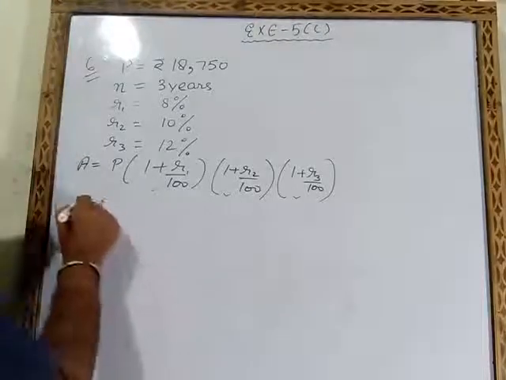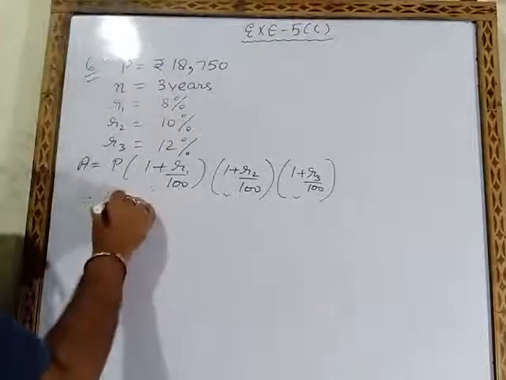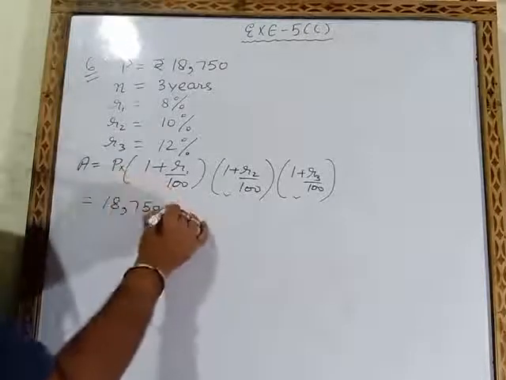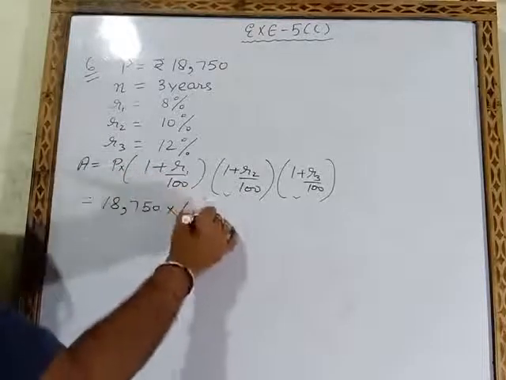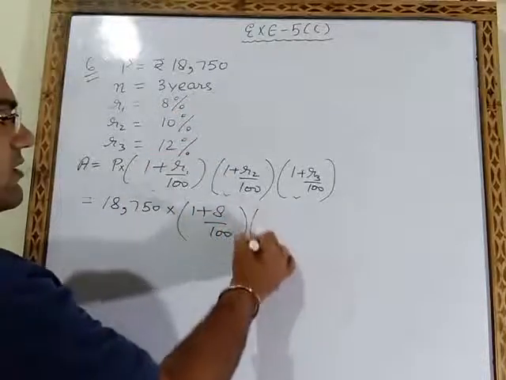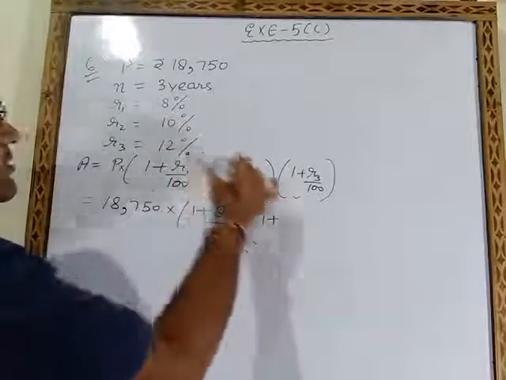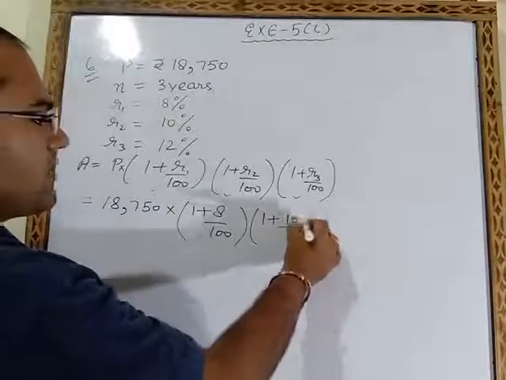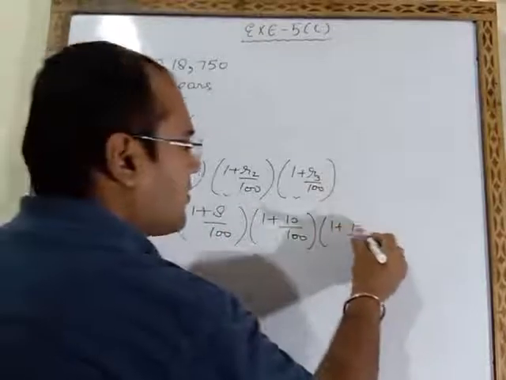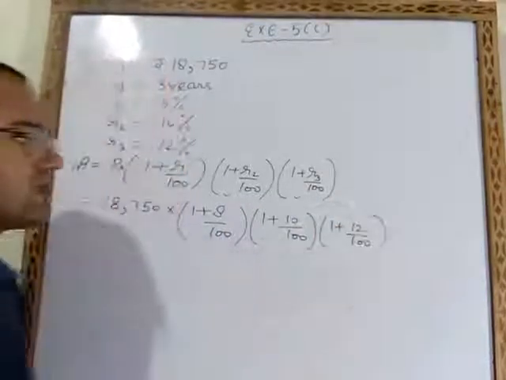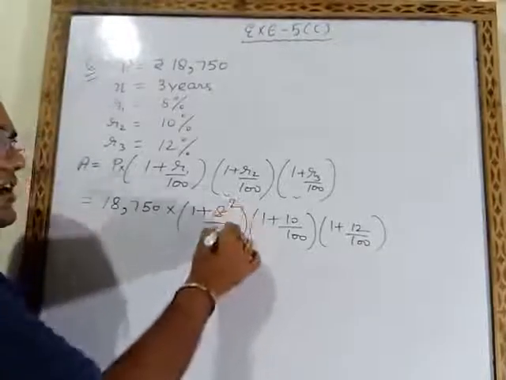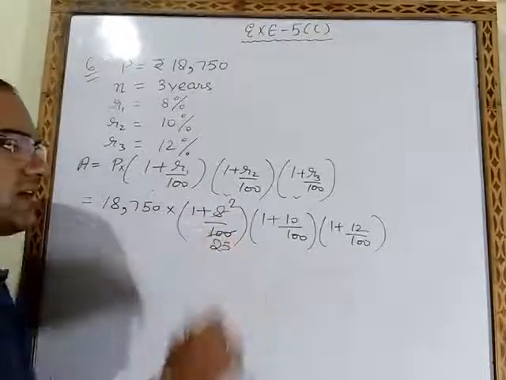Now we have to put the value of P. P is 18,750. No sign is there, multiply 1 plus R1. R1 is 8 upon 100. 1 plus R2, R2 is 10 upon 100. 1 plus R3, R3 is 12 upon 100. Now here you have to cancel the numbers. जो जो कट रहे हैं वो काटेंगे. 4 2s are 8, 4 25s are 100.